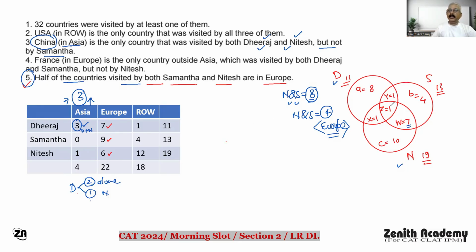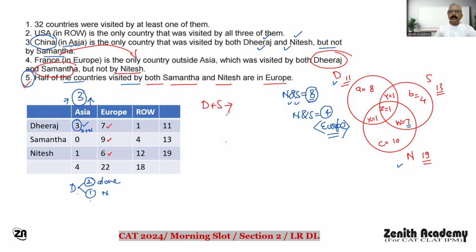Not Nitesh. Dheeraj and Samantha only. So it was given here that Dheeraj and Samantha, not Nitesh, France is the only country outside Asia. It means France is the only country where both of them are going together, not Nitesh.